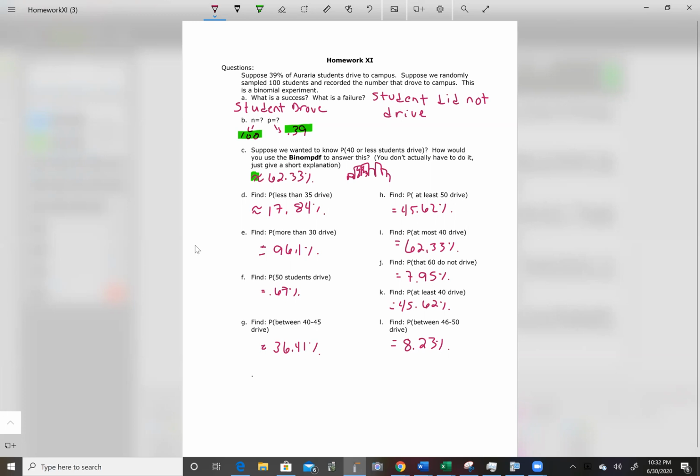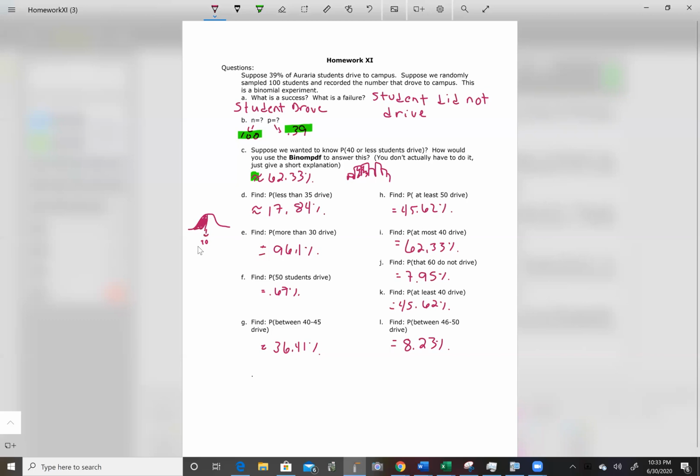Because the binomial CDF always gives us the area to the left-hand side of our distribution. So if we're looking at 30 students, when we put that in the calculator, it's going to give us this side of the distribution.